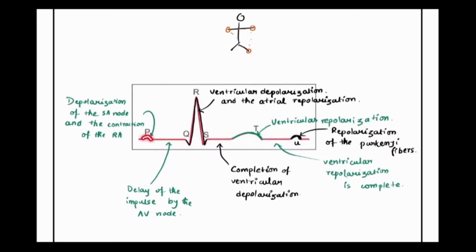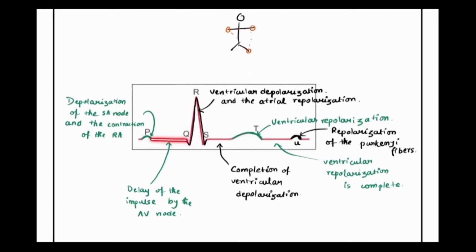So the P wave is when the sinoatrial node is firing the impulse, and the depolarization occurs when the contraction of the right atrium starts. Now, as the right atrium contracts, the blood needs to flow completely to the ventricles. That is why after the contraction there is a bit of delay before the ventricular depolarization.